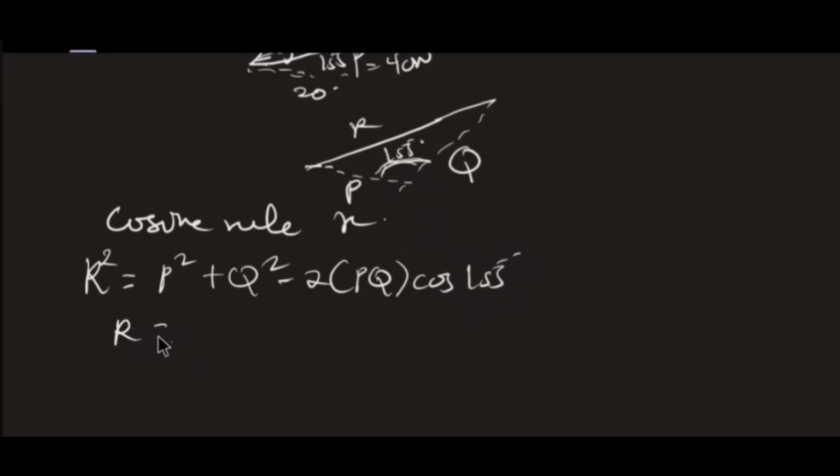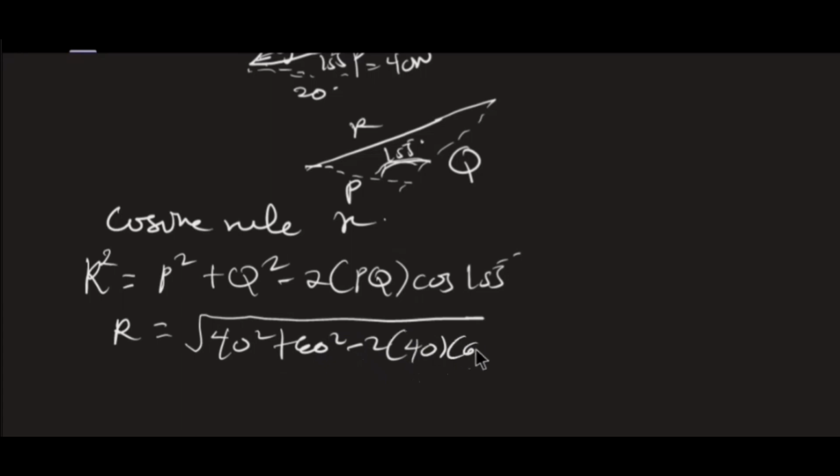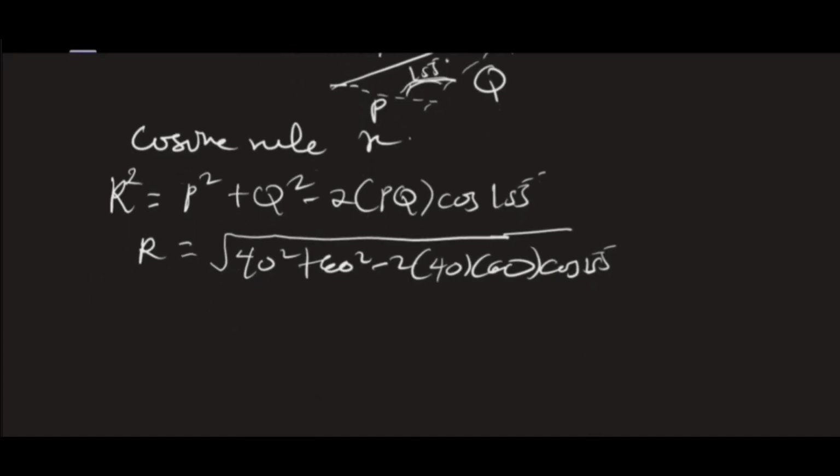So my R is simply equal to the square root of 40 squared plus 60 squared minus 2 times 40 times 60 times cos 155. So what am I getting for this?